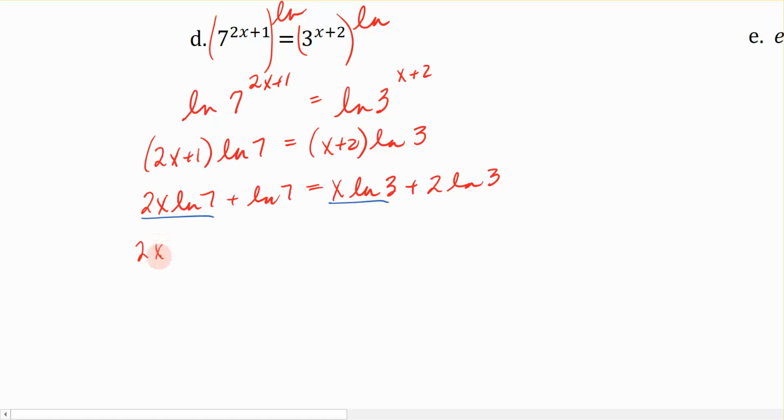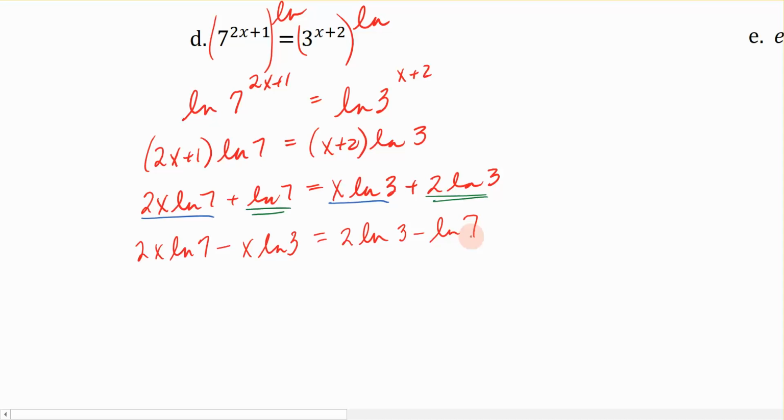So I have 2x ln 7 minus x ln 3. Now, this ln 7 and this 2 ln 3 are both just numbers, so they are, in a sense, like terms as well. So I am going to subtract this ln 7 over to the right. So this gives me 2 ln 3 minus ln 7.